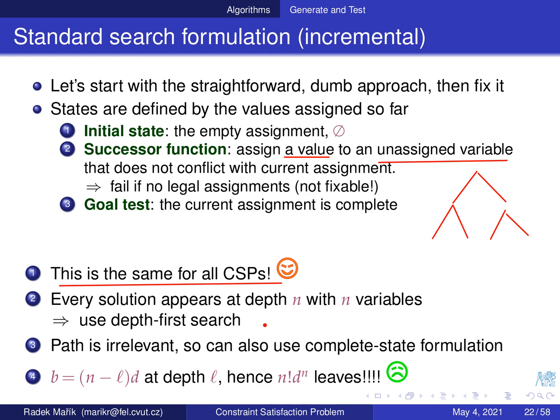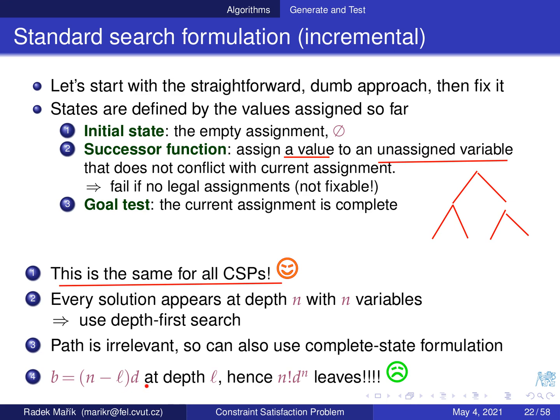So you can imagine that you search through the tree using depth-first search, and at each level, for example at depth L, you know that L variables are assigned, and you still need to select one of the remaining n minus L variables.